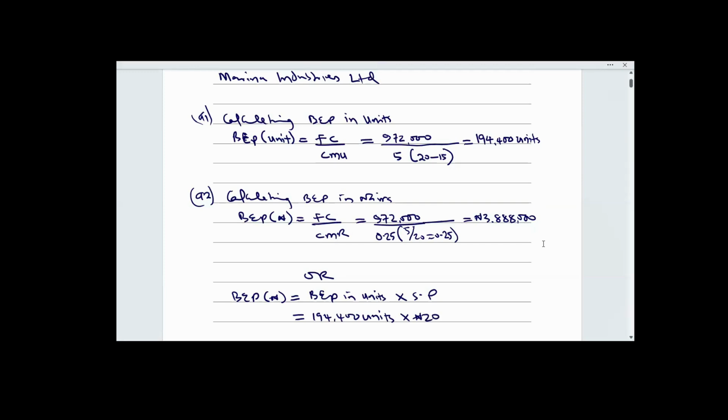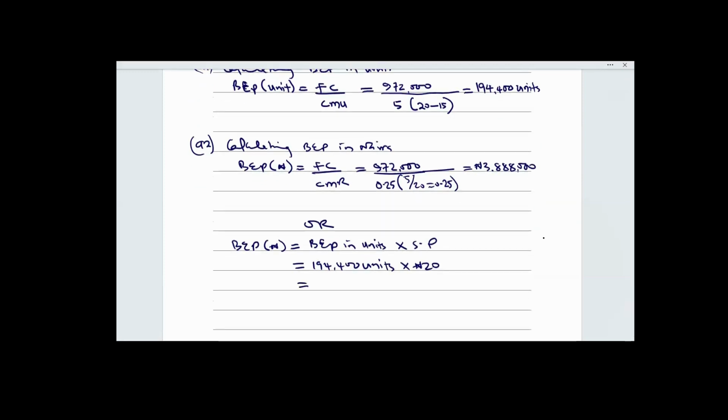I should have the same amount as 3,888,000. All right. So this is how to calculate break-even points in units as well as in naira.